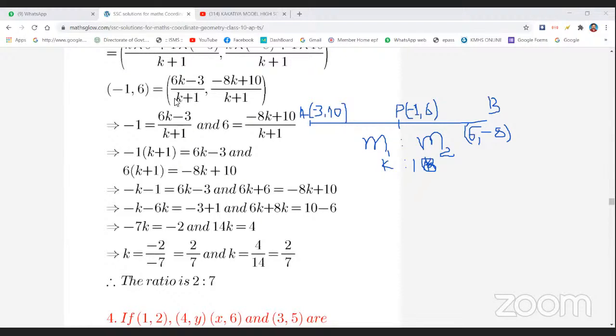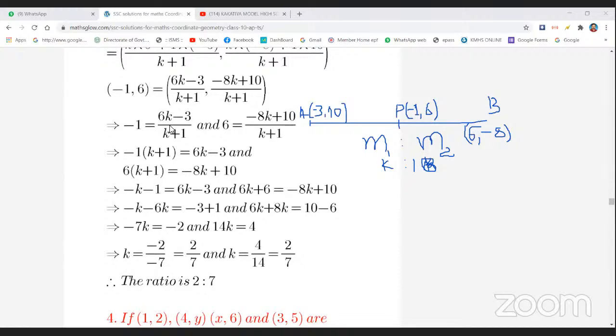By solving any one, no need to solve both, we will get that ratio. So let us do cross multiplication here. Minus 1 of (k plus 1) is equal to 6k minus 3.